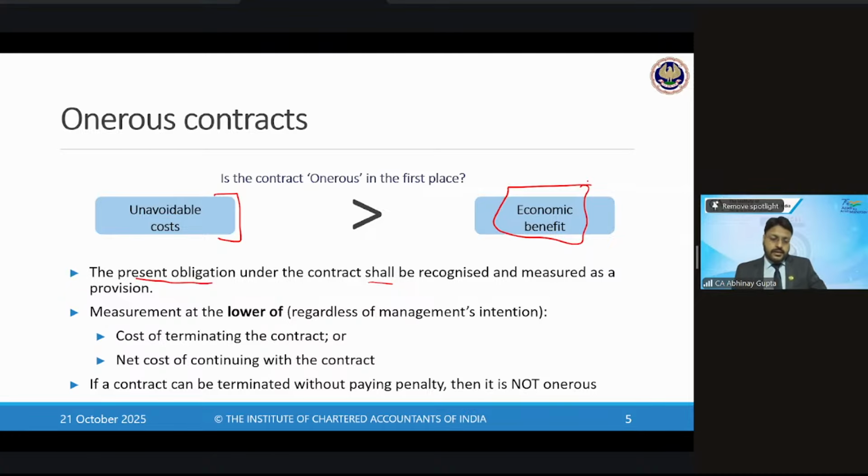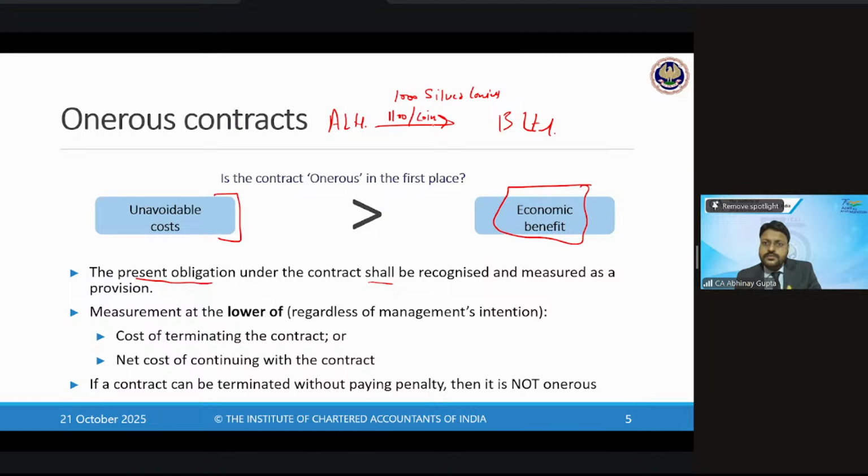For example, there was a contract entered into between A Limited and B Limited, right? A Limited agreed to supply, say, 1000 silver coins at an agreed price of, say, rupees 1100 per coin.